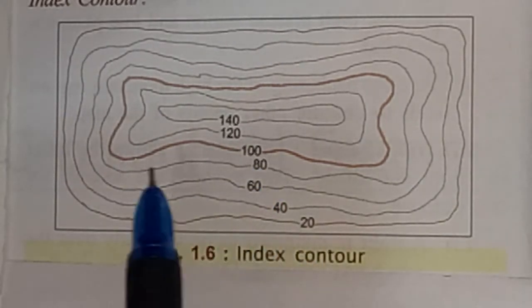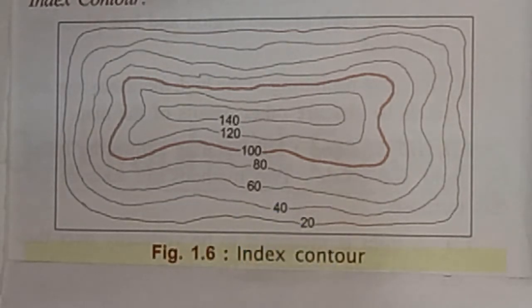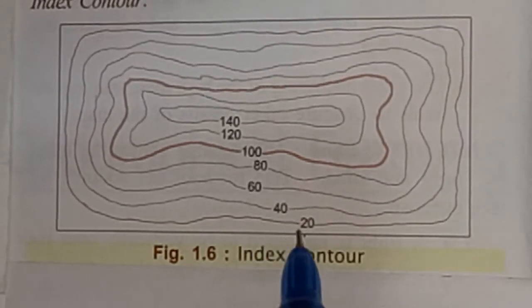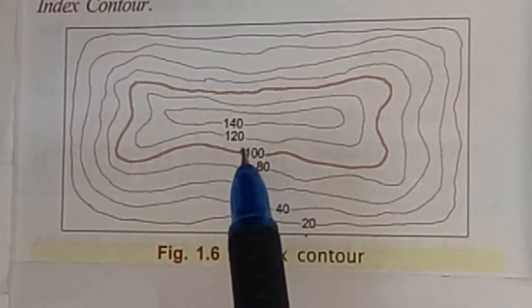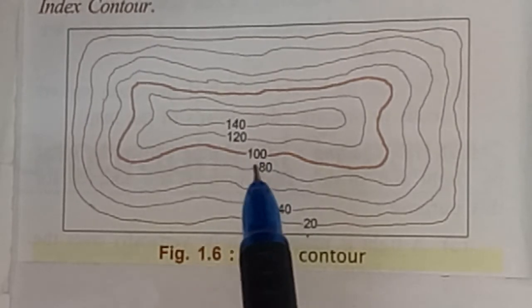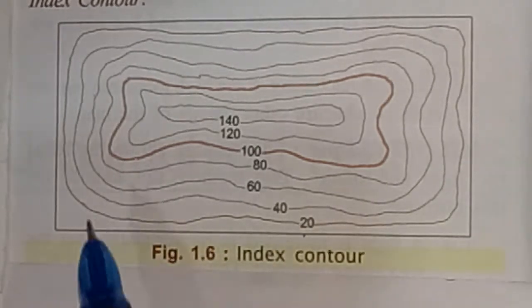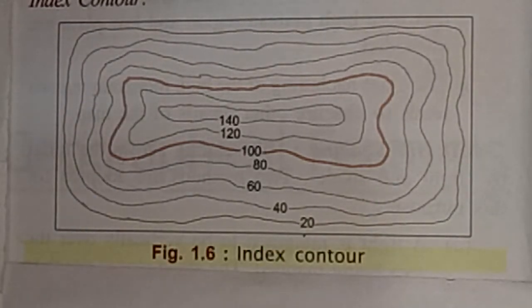It is a difference of 20 meters between them. And now see the every fifth line. Now see, 1, 2, 3, 4, 5. This one is the fifth. It is a multiple of 20. And then again we start counting, and again the fifth is a multiple of 20. So see children, this is a diagram of index contour, and I hope you all understand about the index contour.